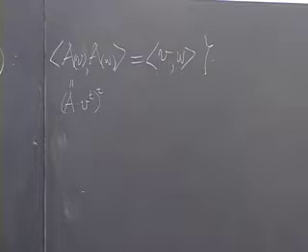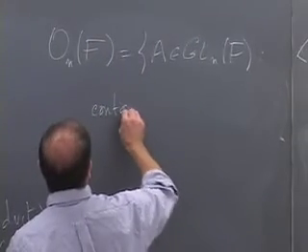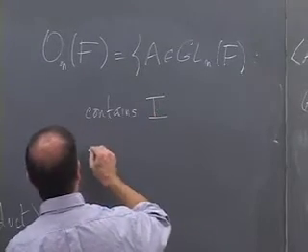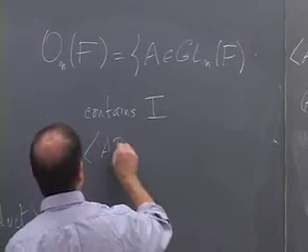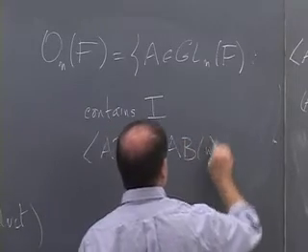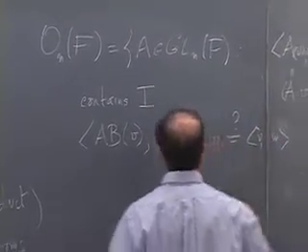Okay, so why is this a subgroup? Well, it certainly contains the identity element. If it contains A and B, is it true that the inner product of AB of V, AB of W is equal to the inner product of V with W? Well, let's see.